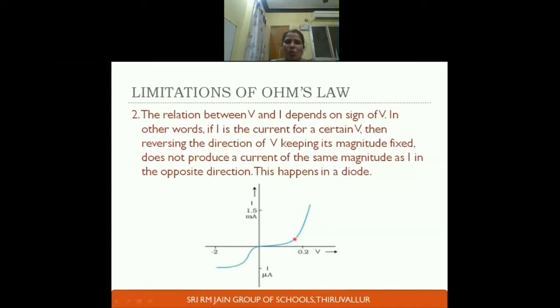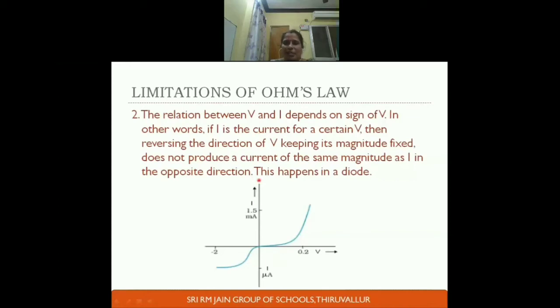So we can very well say that the semiconducting materials which are used to manufacture the diode do not obey Ohm's law. This is the second limitation of Ohm's law.